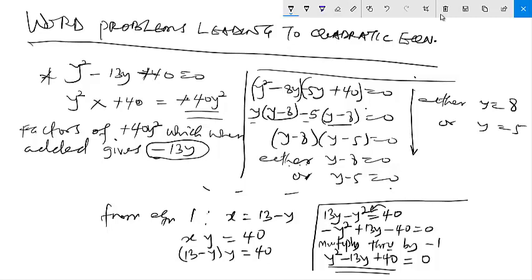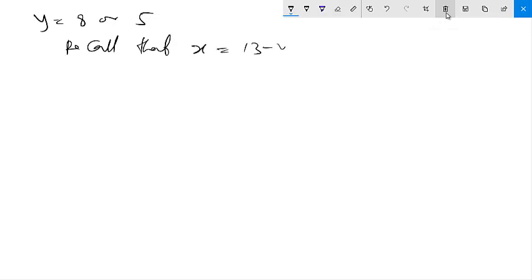Now we've gotten our y. Don't forget, what we're looking for is x and y, because we said let the numbers be represented by x and y respectively. But we've gotten our y to be 8 or 5. And remember, if you recall, x is equal to 13 minus y.